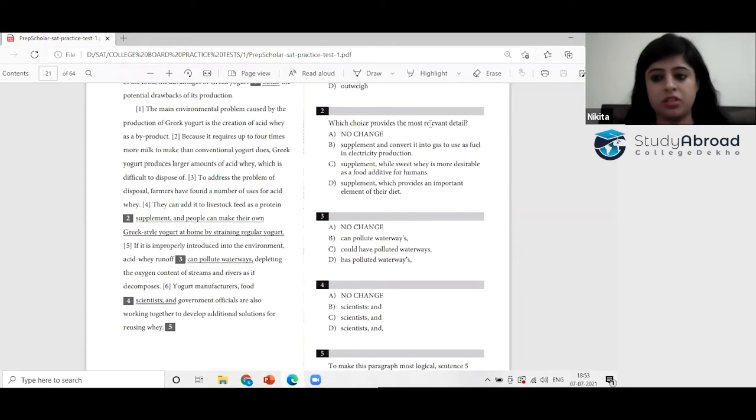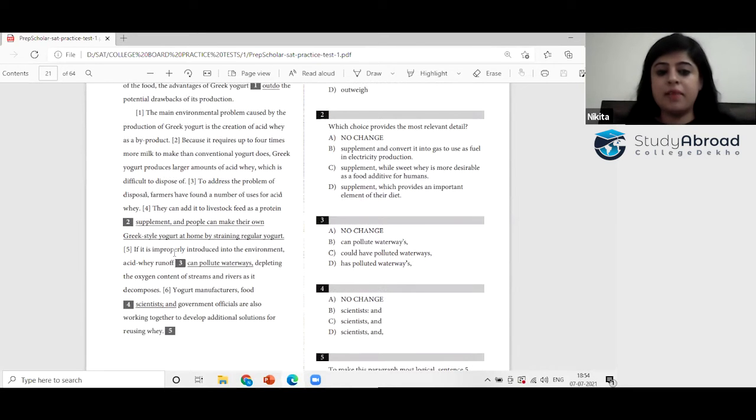The connection with the question becomes very important. We have to pay attention to what the question is asking, and the question is asking for the most relevant detail. We got the clue from the previous words, number of uses, and from that we found one of the uses, which brings us to B as the correct answer. All right, let's move forward now.